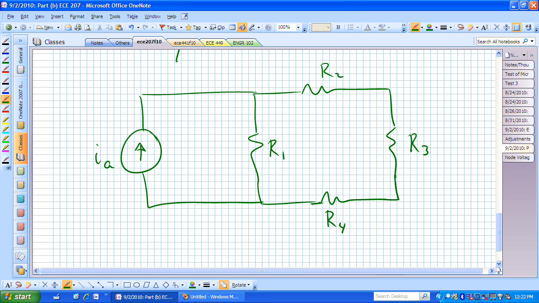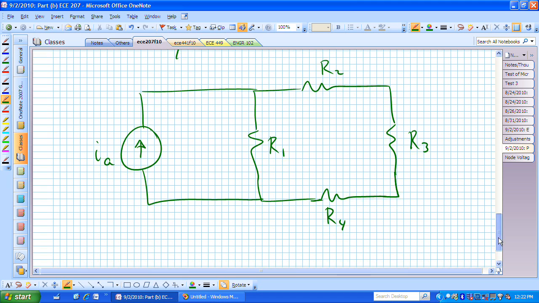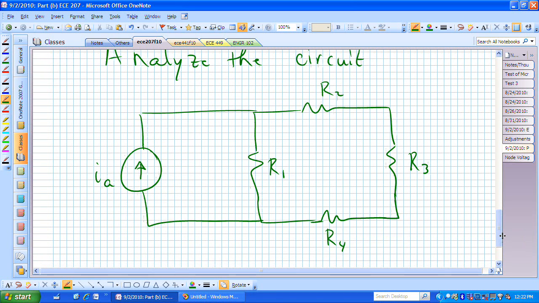I want you to try to analyze that particular circuit using the node voltage analysis techniques that we've been working on today and see if you can come up with numbers, currents, voltages. You tell me what you need in order to answer a question that somebody might ask.